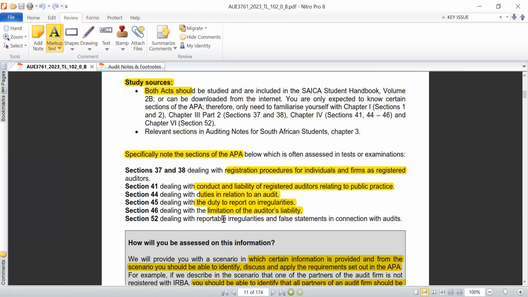Section 52, which is what I would like to end with, covers reportable irregularities and false statements in connection with audit. There are implications if we don't report reportable irregularities and we issue false statements. Let's say, for example, you pick up that there are misstatements, for instance the inventory was overstated in the statement of financial position, maybe to make their liquidity look good.